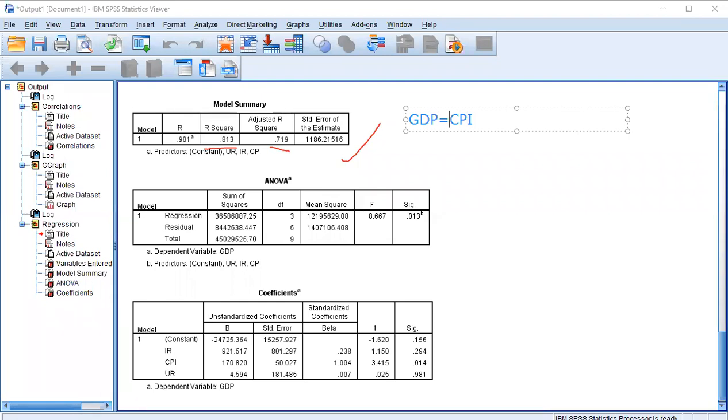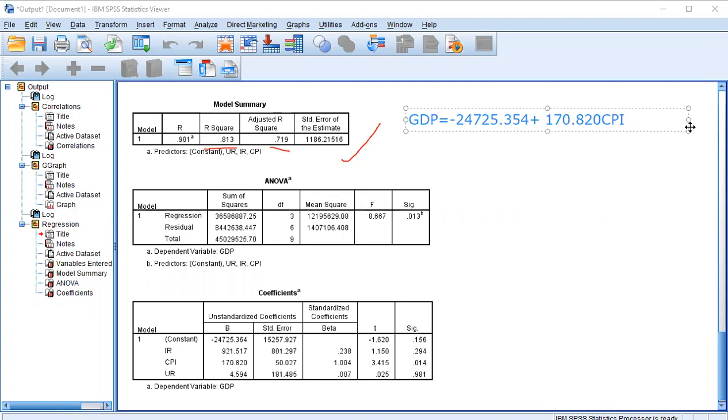The coefficient of CPI there is 170.8220. If we were to include a constant, which of course is not significant in this case, that would have been your beta naught, which is 725.364, plus that. So this would have been our model if our constant was also significant, right?